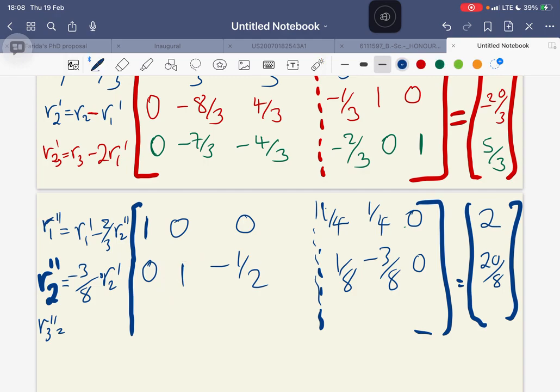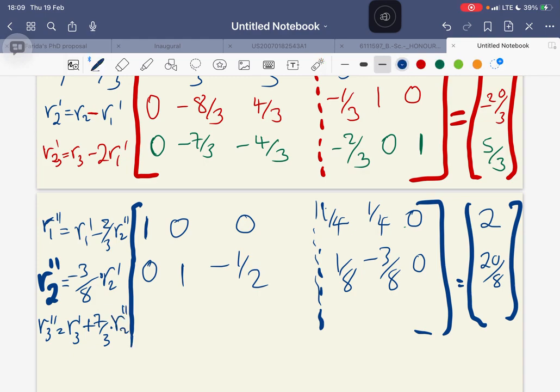And that is, we will now say our row 3 prime, which is this one, then we now add it with 7 over 3 times our row 2 double prime. Doing that will make this place 0.